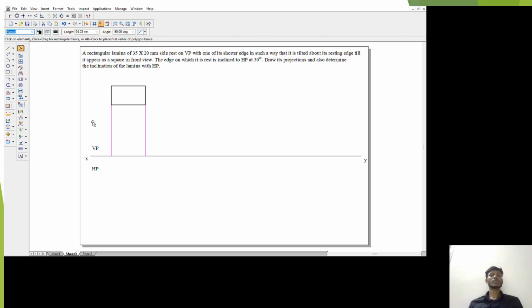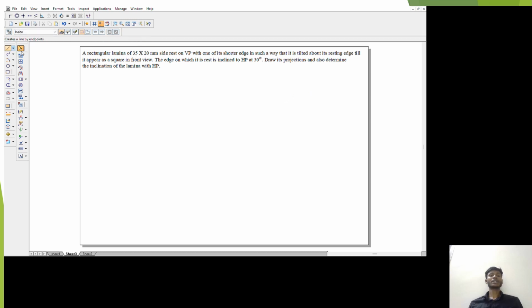Then go to annotation and mark the rectangle A, B, C and D. Then A dash is visible, D dash is not visible, B dash is visible and C dash is not visible, and then make A dash, D dash and B dash, C dash a visible line.